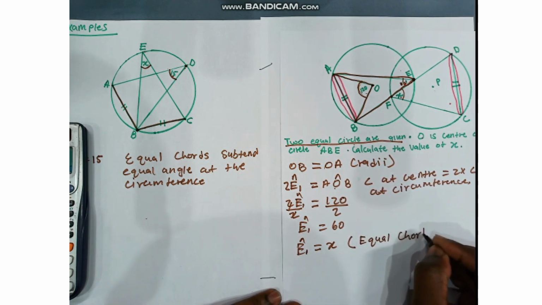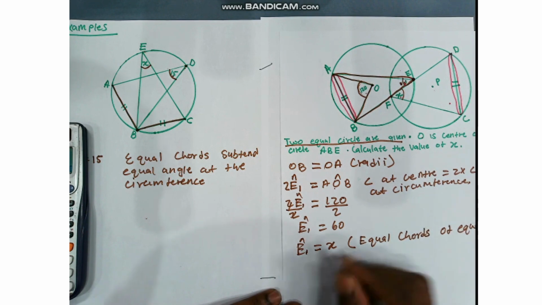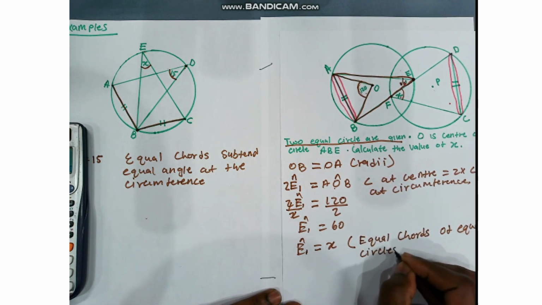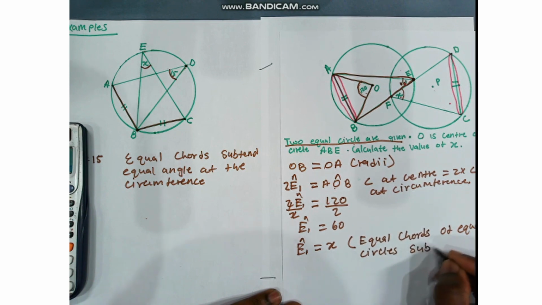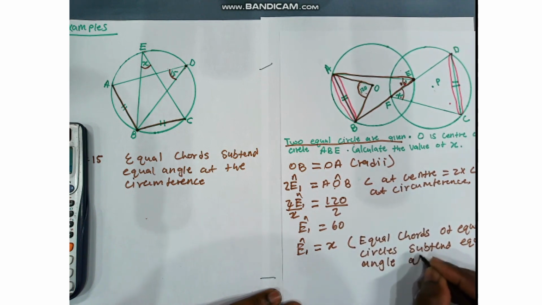The reason: equal chords of equal circles, because we have 2 circles, guys, subtend equal angles at the circumference.